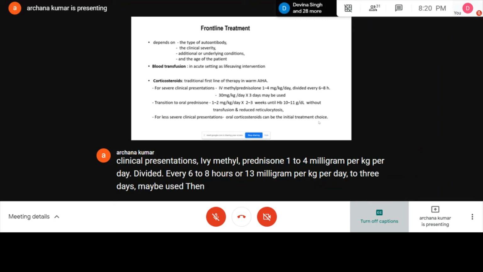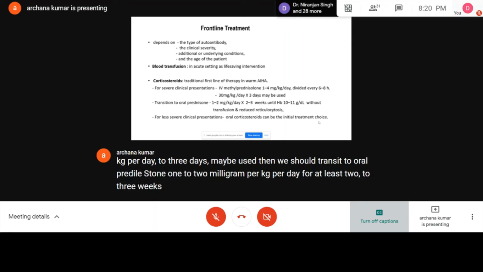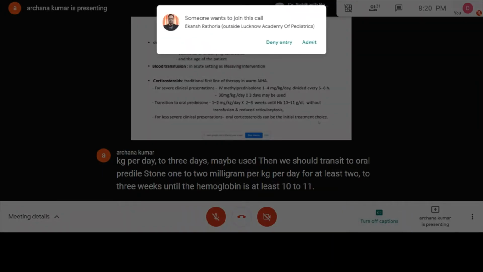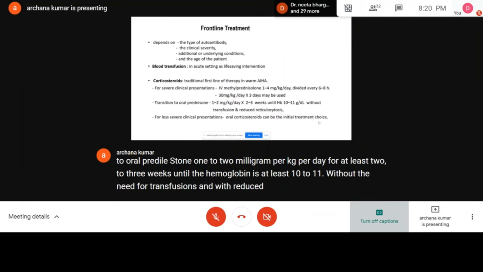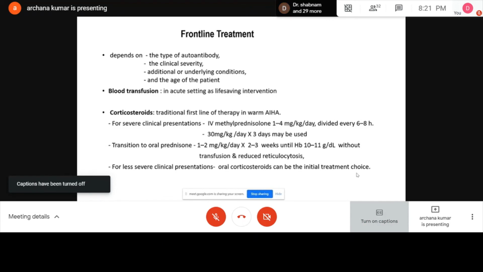Then we should transit to oral prednisolone 1 to 2 milligram per kg per day for at least 2 to 3 weeks until the hemoglobin is at least 10 to 11 without the need for transfusions and with reduced reticulocytosis. The reticulocytosis should have definitely decreased. For less severe clinical presentations, we can just keep the child with oral corticosteroids, and this could be just the initial treatment of choice. So it depends on many of these conditions.